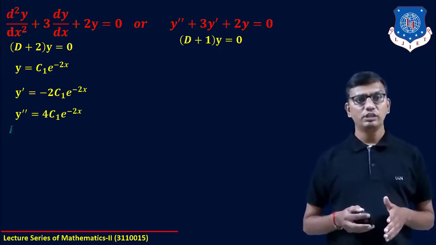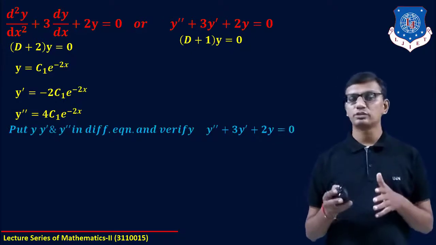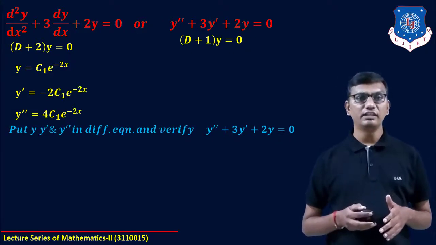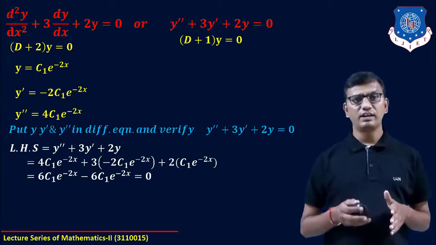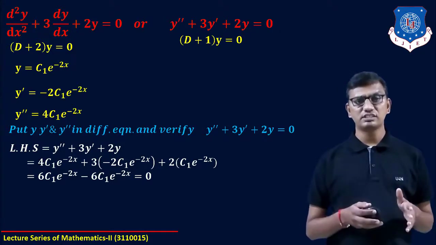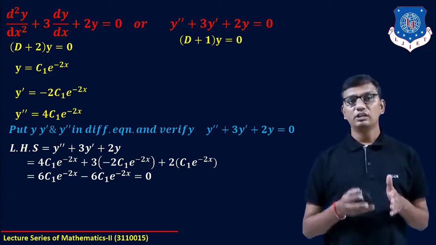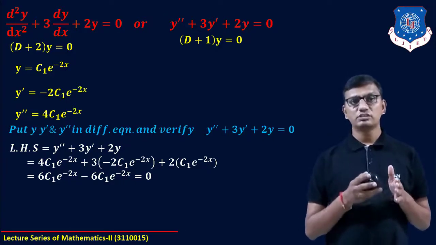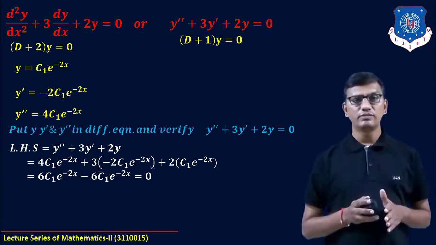Now we put these in our differential equation y double dash plus 3y dash plus 2y equal to 0. After putting these values of y dash and y double dash in the LHS of our differential equation, we get 0. Therefore our first solution c1 e raised to minus 2x is a solution of our differential equation.